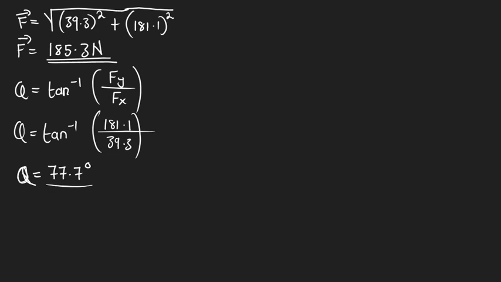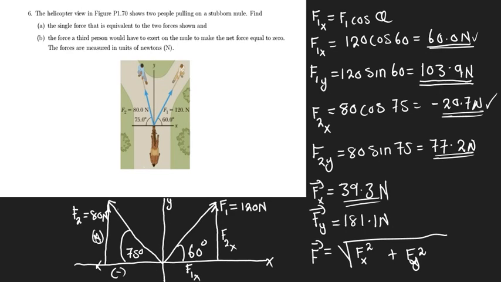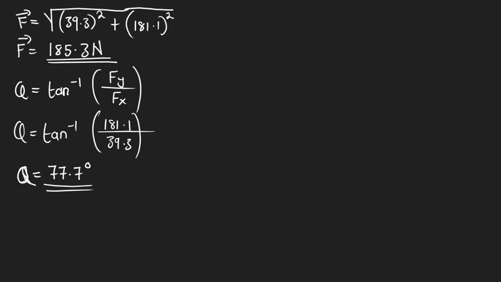Now the question was asking, we find a force a third person would have to exert on the mount to make the net force equal to 0. So what force are we supposed to exert on this guy in order to make it 0?